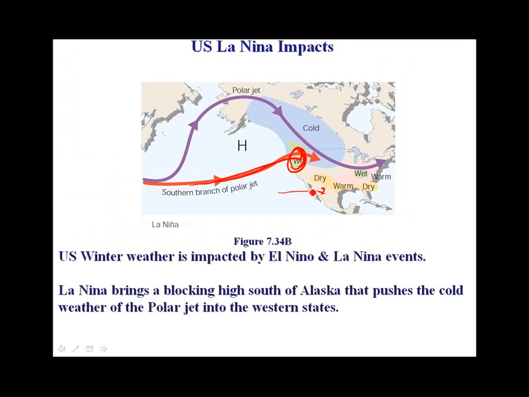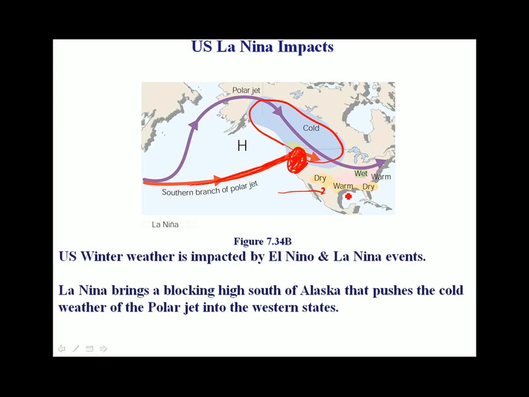During a La Nina, the Pacific branch of the jet stream, instead of going into the southern U.S., begins to move up toward the Pacific Northwest. So we see rainy conditions along the western coast of the U.S., colder than normal temperatures in this region during a La Nina.